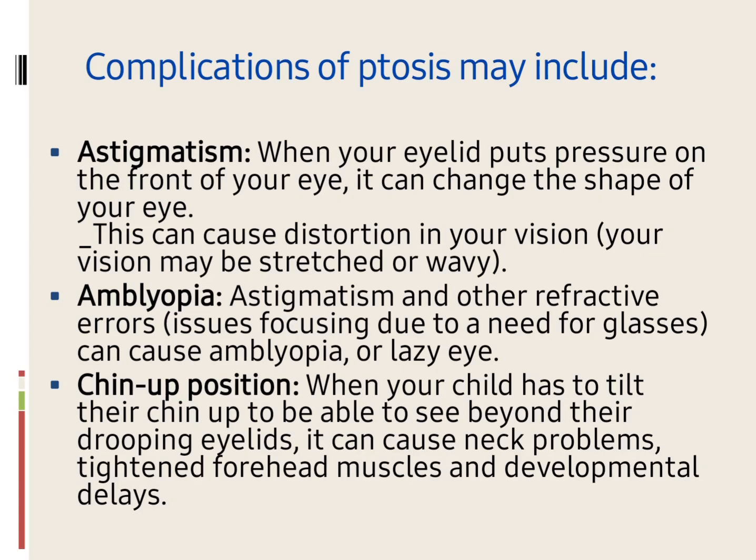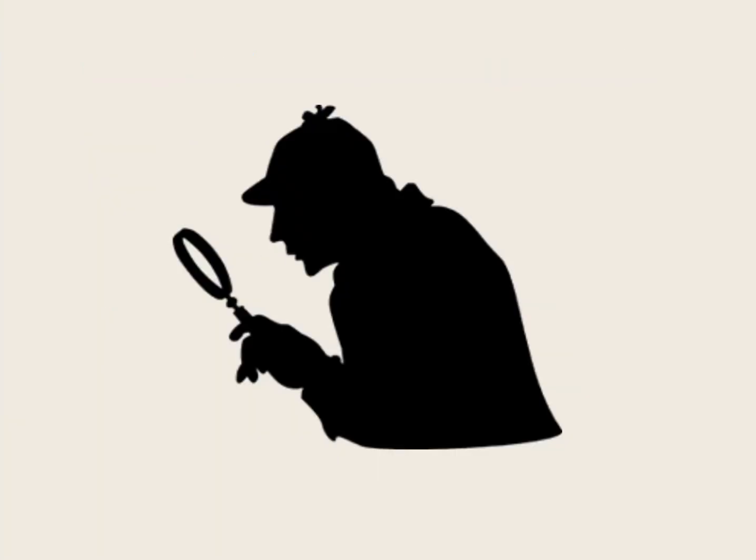Astigmatism and other refractive errors can lead to what is called lazy eye, amblyopia. So these are some of the complications. And the other thing is that the child can manifest with a chin up position. When they are looking at you or looking at the board in class, they'll be tilting their head in order for them to be able to see at a distance.